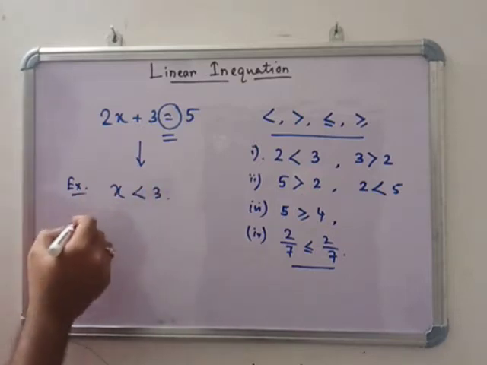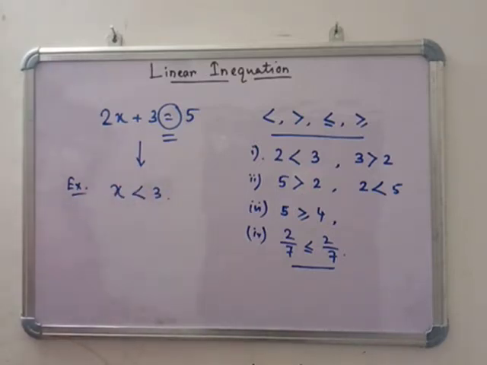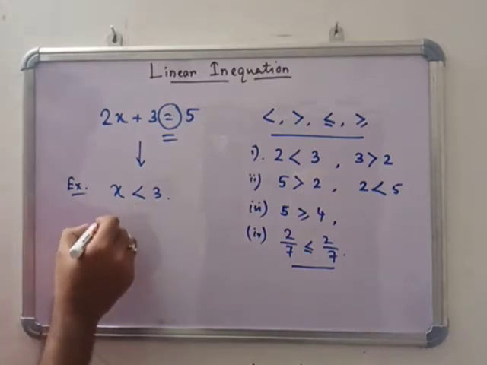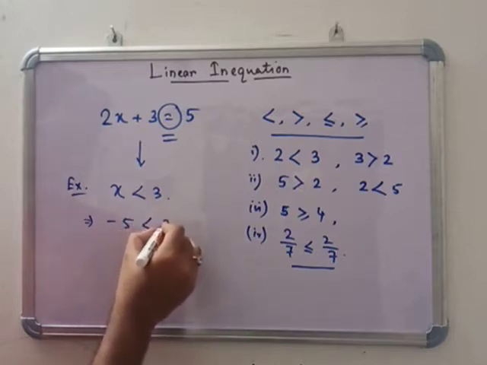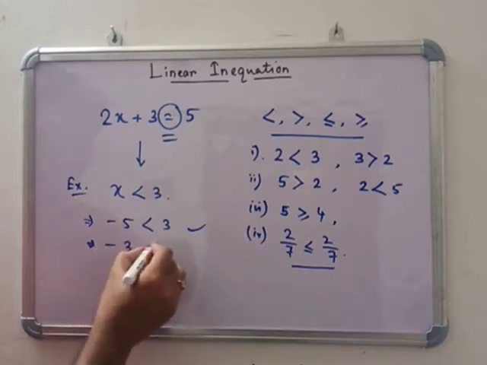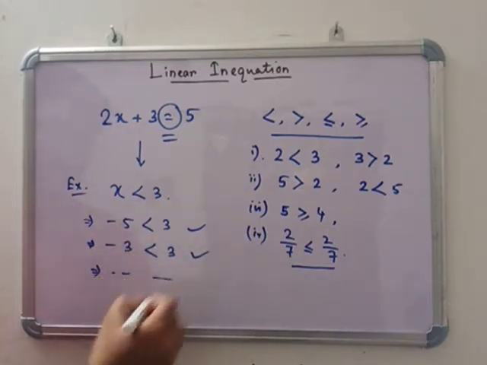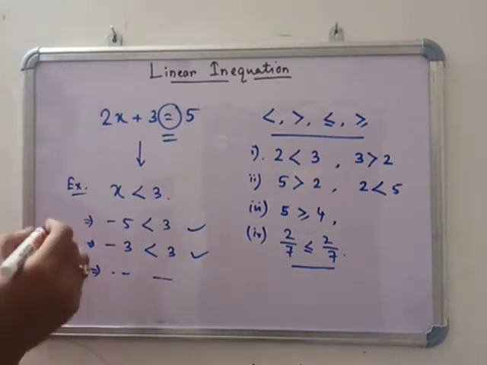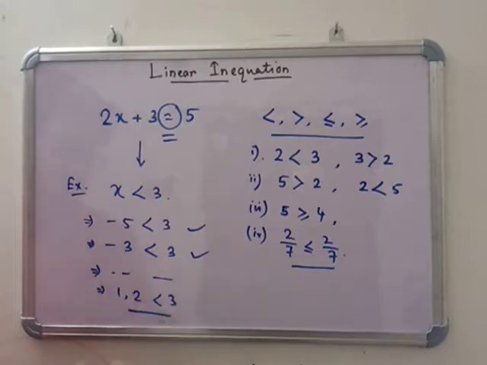That means any number less than 3 belongs to x. Any number, that means minus 5 is applicable, minus 3 is applicable, any negative number is applicable, and among positive numbers only 1 and 2 are applicable here.